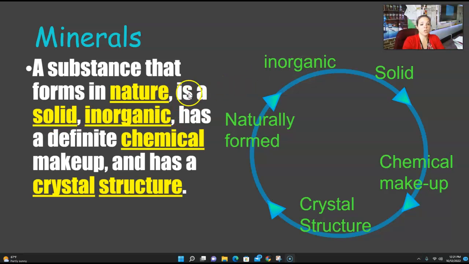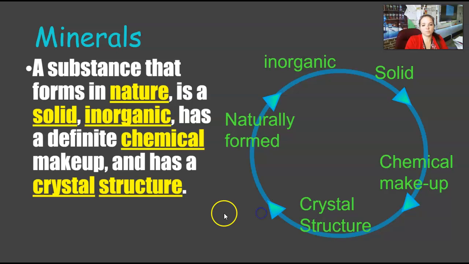This did switch, so please, it's formed in nature, it's inorganic, it's a solid, has a definite chemical makeup, and a crystal structure. So how to write this in? You're going to have nature, then inorganic, then solid, chemical, crystal structure. And these are all the yellow underlined. If you ever have an issue reading what is underlined, please let me know and I'll change the color.